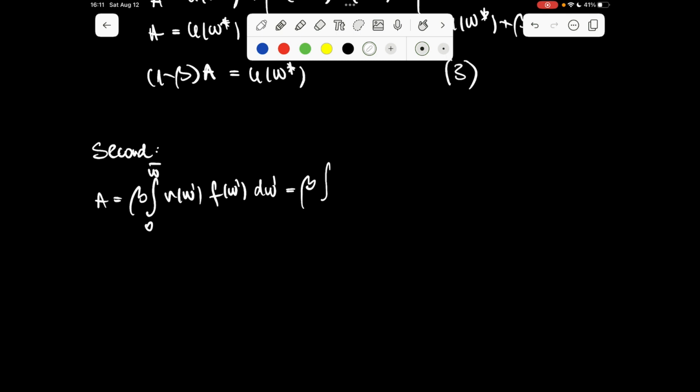First, we can divide the integral between 0 and W upper bar.